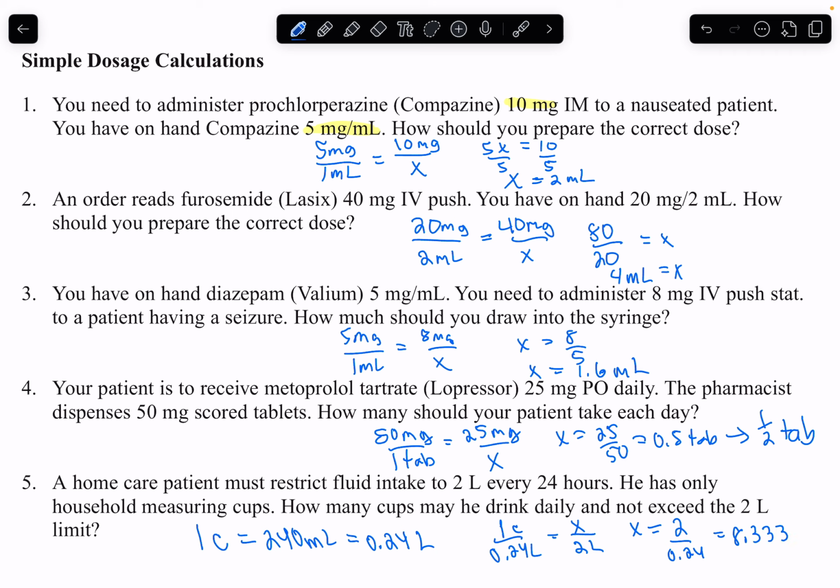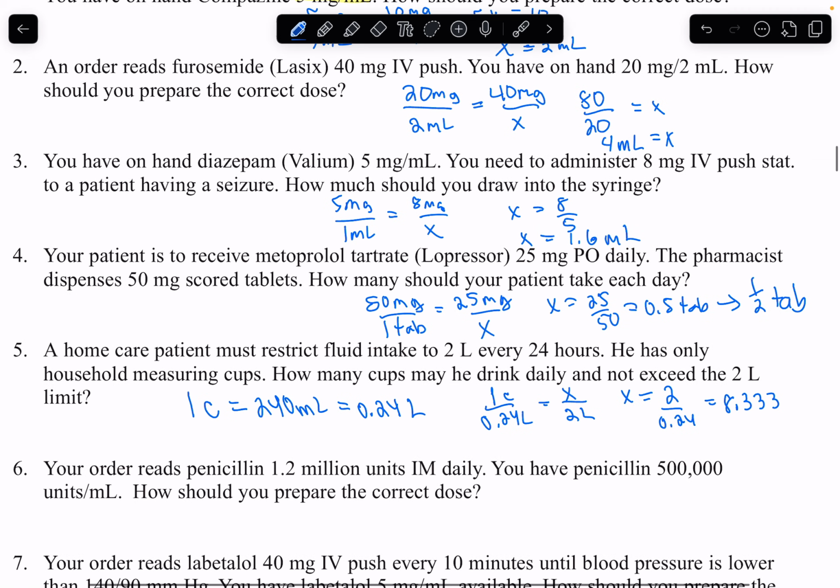Now, let's just take a moment and reread what the question said. It says, how many cups may he drink daily and not exceed the 2 liters? So it would be 8.3 cups, but if we wanted full cups to tell the patient a little more idea of what to drink, you could say, well, if you drink 8 cups, you are not exceeding the 2 liter limit.